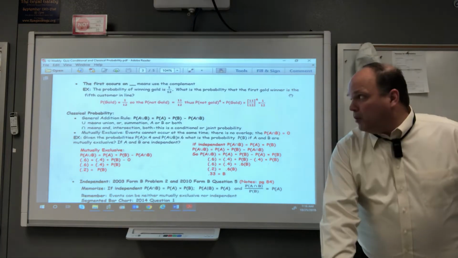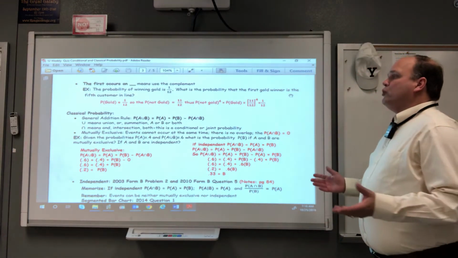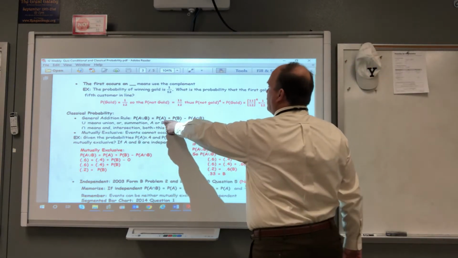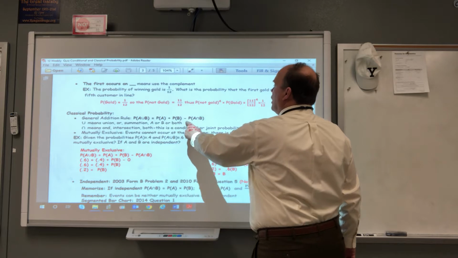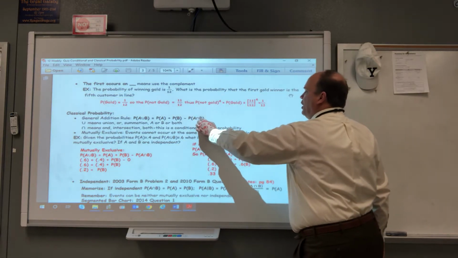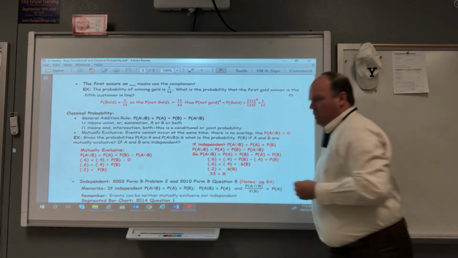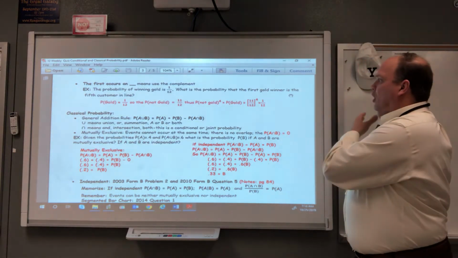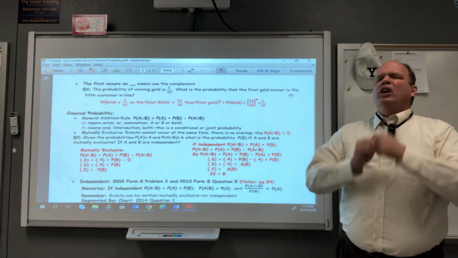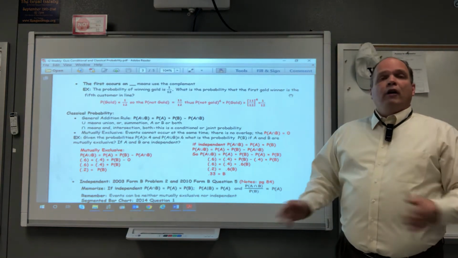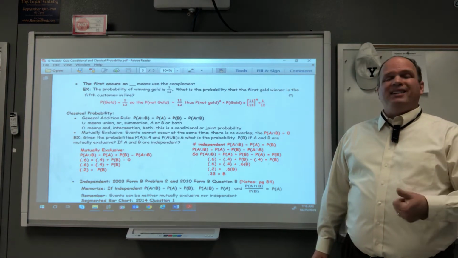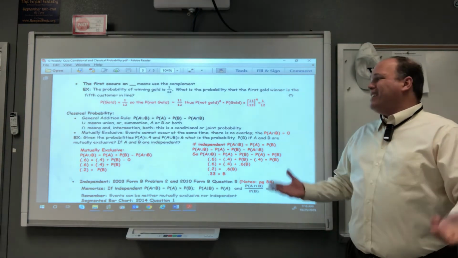Okay, classical probability. We're going to begin with the general addition rule, which is the probability of A union B equals the probability of A plus the probability of B minus the probability of A intersect B, or A and B. Please note, while you don't have to memorize this formula because it's on the formula chart, the key thing is this formula is good for any time they're asking you to combine something, whether it's independent, mutually exclusive, or neither.